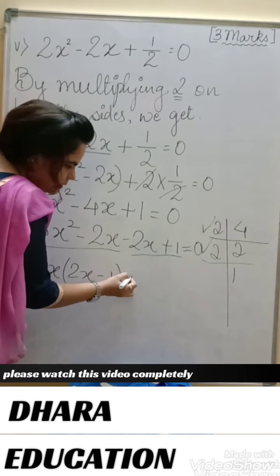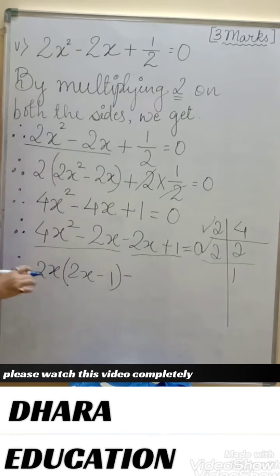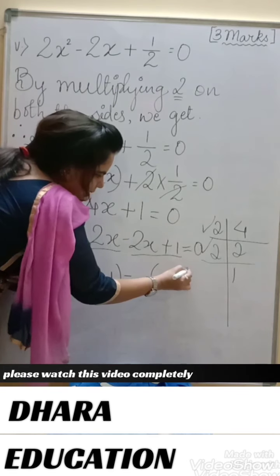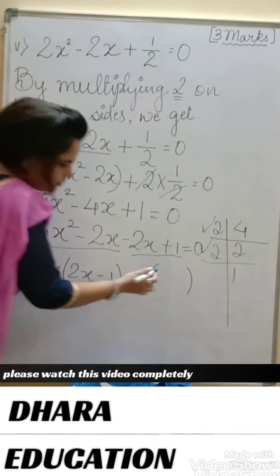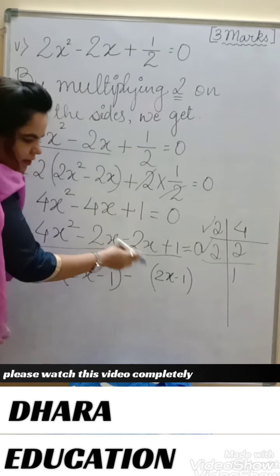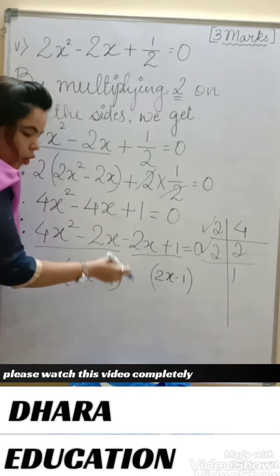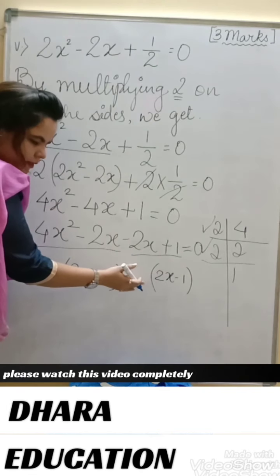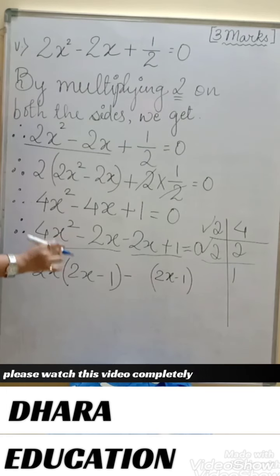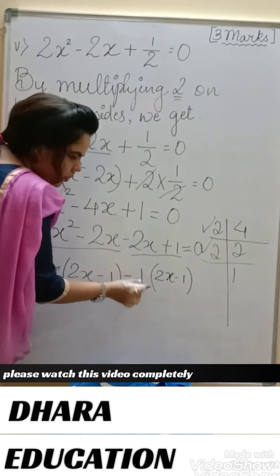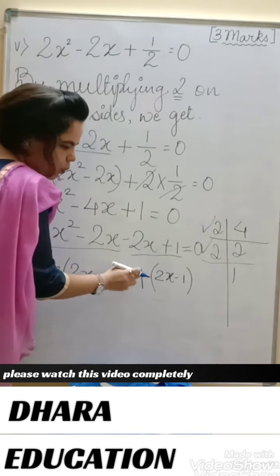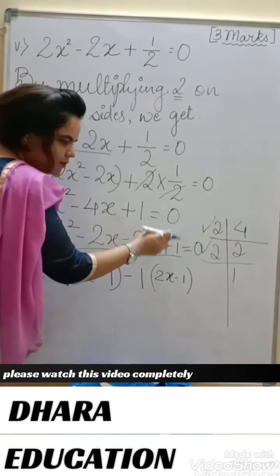Okay, then the exact sign we have to take. We need to copy paste the same term, that is 2x minus 1. So what number should we put here so that this pairing will come and fulfill? It is 1. 1 multiplied by 2x gives you minus 2x. 1 multiplied by 1 gives you 1.